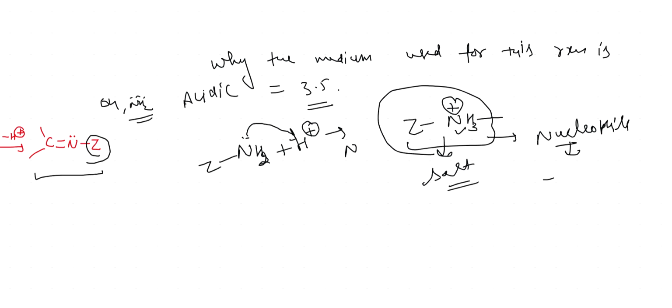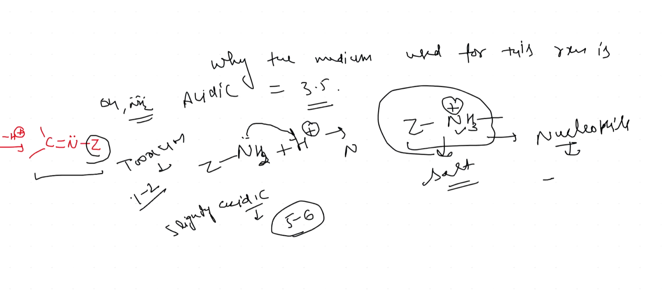However, if the medium is only very slightly acidic, meaning the pH is around 5 to 6, okay, too acidic is when the pH is 1 to 2, and slightly acidic is when the pH is 5 to 6. We cannot use both cases. In case of slightly acidic pH, the protonation of the carbonyl group will not occur.